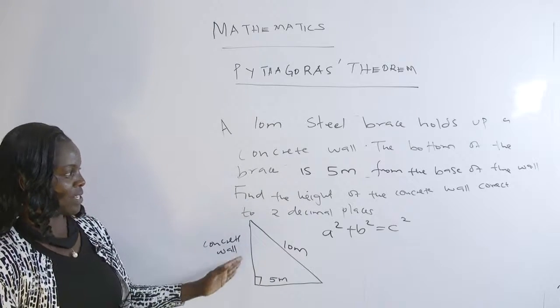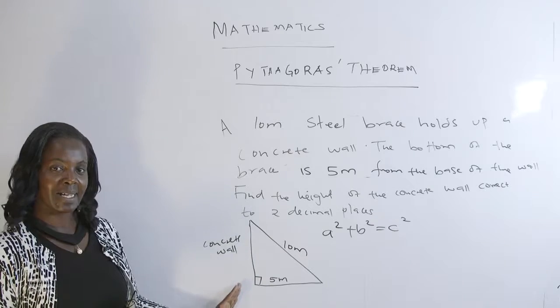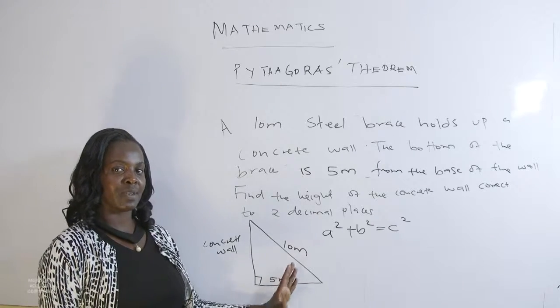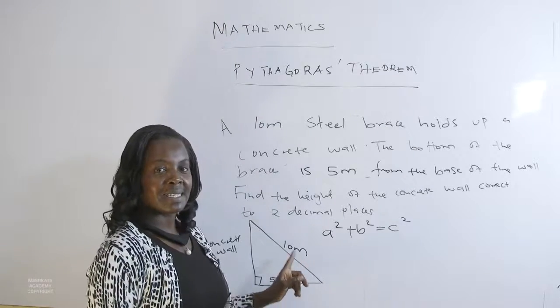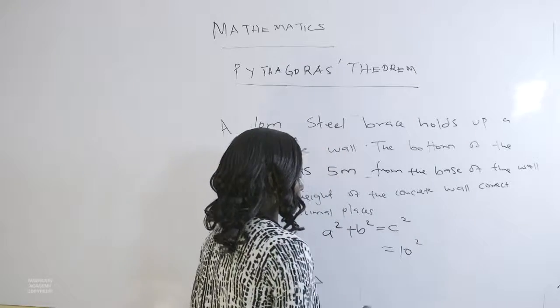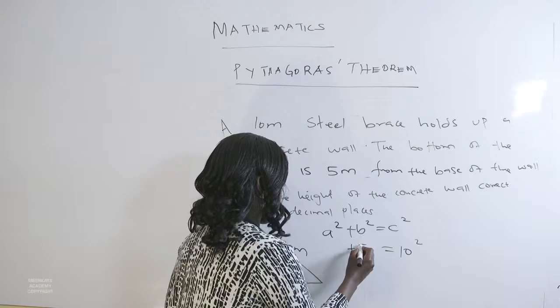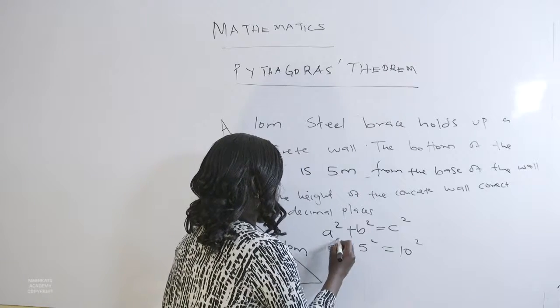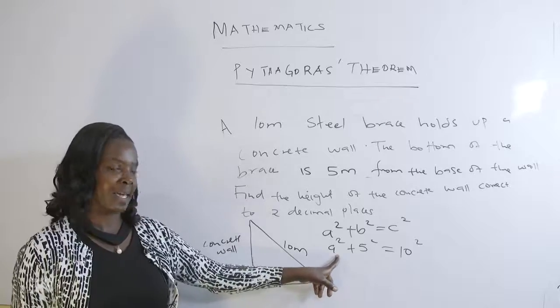We are told to find the height of the concrete wall. You realize that the concrete wall here is one of the shorter sides of the right-angled triangle. So 10 meters is the longest side. So the length of the wall is what is missing, that is represented by a.